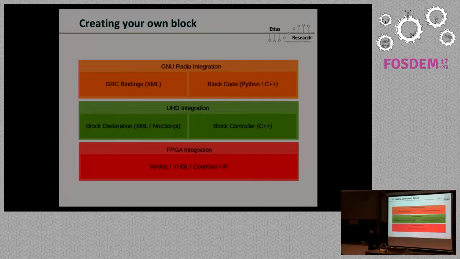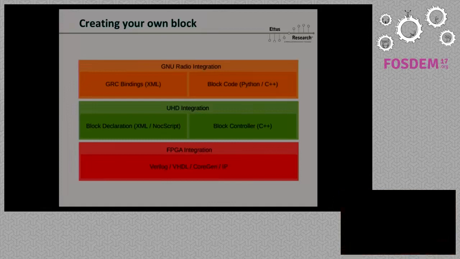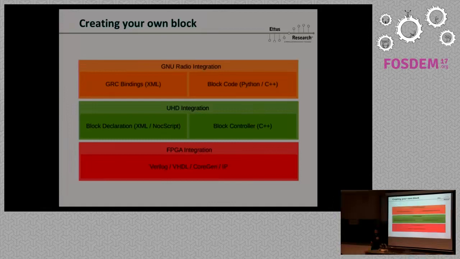And also, there is where you have the UHD streamer. So actually, there is where you're saying what type of samples you are using, if you're taking parameters from your block, from your graphical interface. And then your block code is, you can also do more signal processing with GNU Radio after you got the samples. That is like the basics.